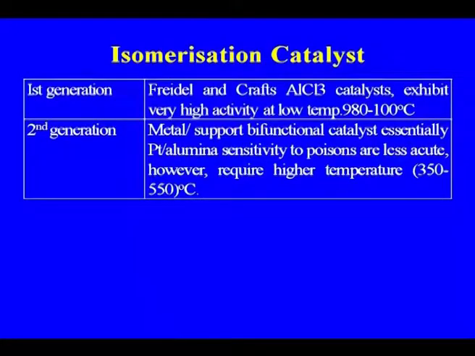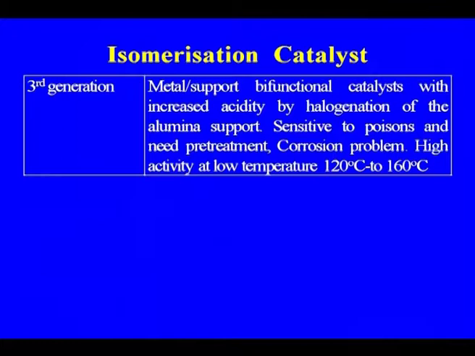First generation catalyst, the Friedel-Crafts reaction, aluminum chloride exhibits very high activity at low temperature. Second generation, metal support bifunctional catalyst, essentially platinum on alumina, sensitivity to poisons is less acute, however it requires higher temperature. Third generation, metal support bifunctional catalyst with increased acidity by halogenation of the alumina support, sensitive to poison and needs pretreatment, corrosion problem, high activity at low temperature.